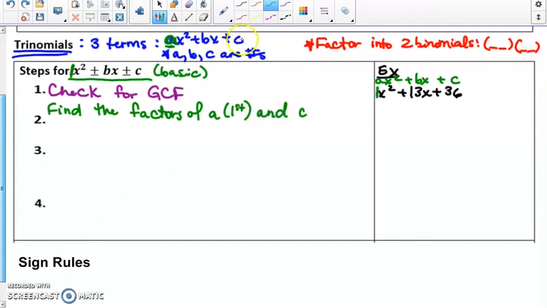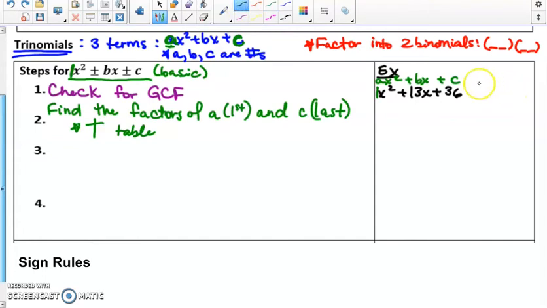And c is the last guy out here, so it's our last term. So find our factors of a and c. We're going to do that in making a table. So just make yourself a little note that we're going to make a little T-chart, so a T-table. So make sure you show that in your work for me.